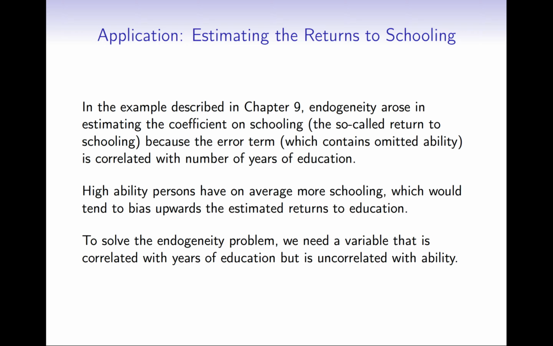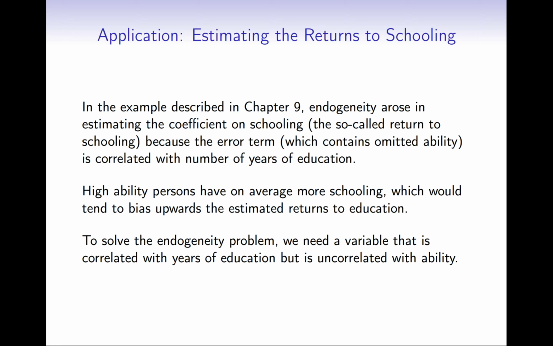We considered before the problem of estimating the returns to schooling. That's a classic example from labor economics where people have applied instrumental variables. In that case, you would think that higher ability people get more schooling, and this would tend to bias upwards the estimated returns to schooling, because if you don't include ability, then you're attributing that component to schooling.